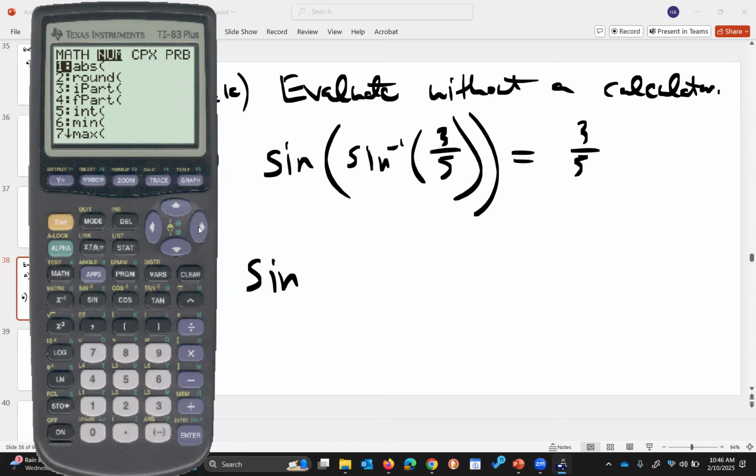The abs of -7 would be 7. So math and numbers. The math menu has a lot of different functions that are not on the keyboard. That's what the math menu is for.